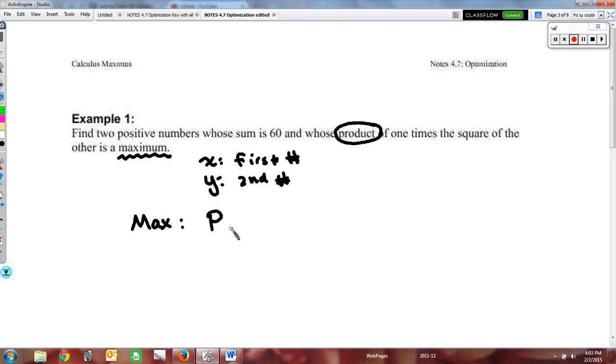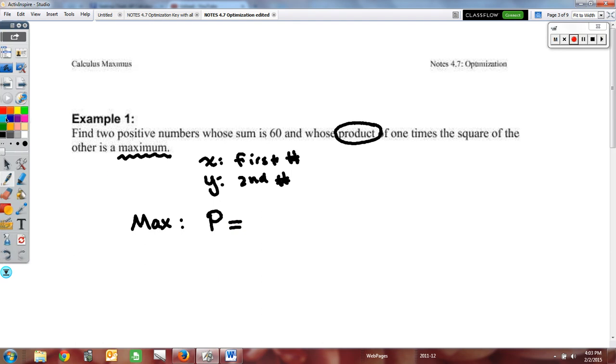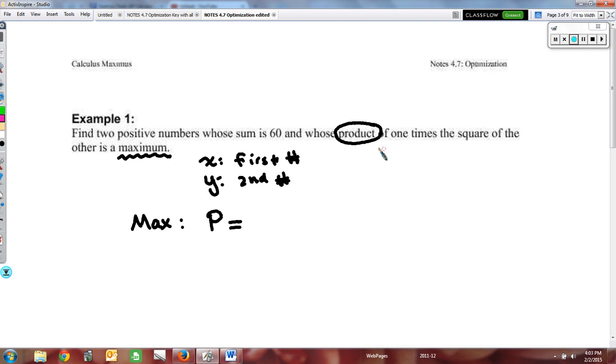So I do product equals, and now I go find a formula. My primary equation is the product of one times the square of the other: x times y squared. This will be the one that you will eventually take the derivative of.